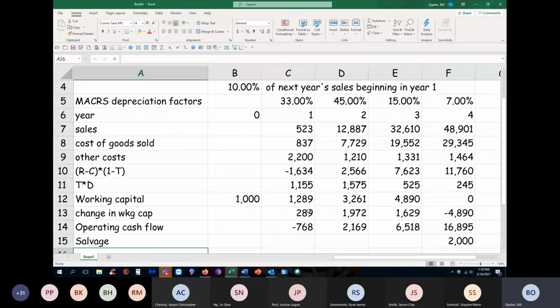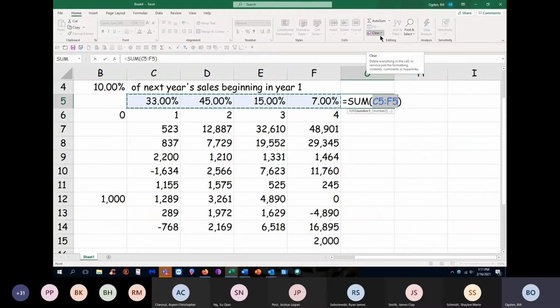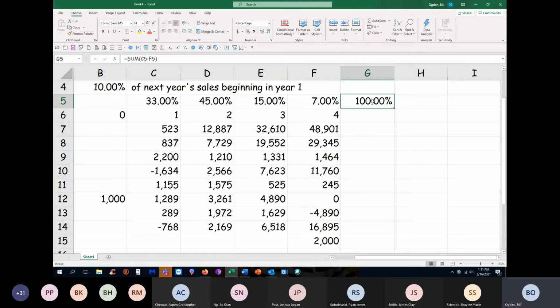This is just for clarification, not necessary. One thing to recognize: if I come over here and I add these depreciation factors, that's 100%, isn't it?